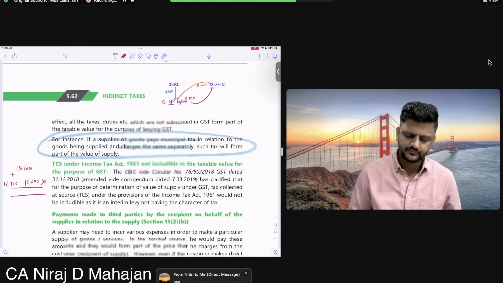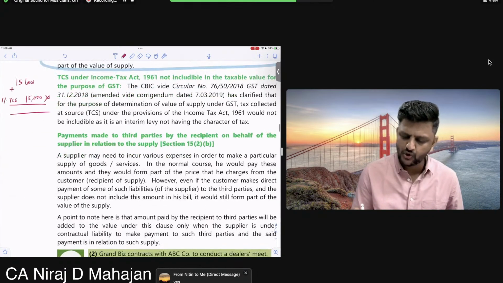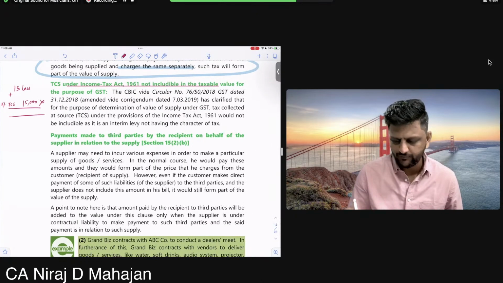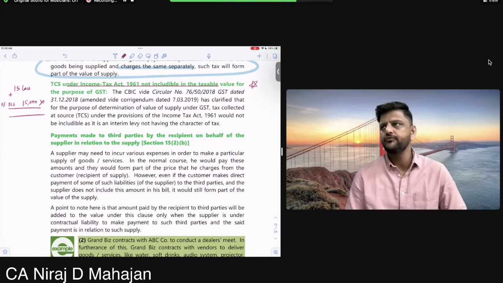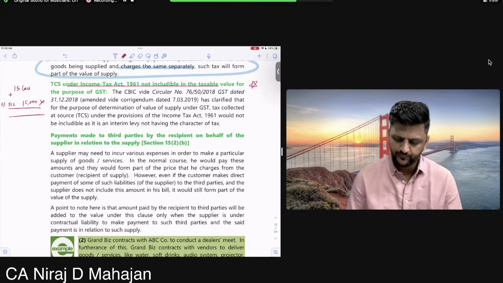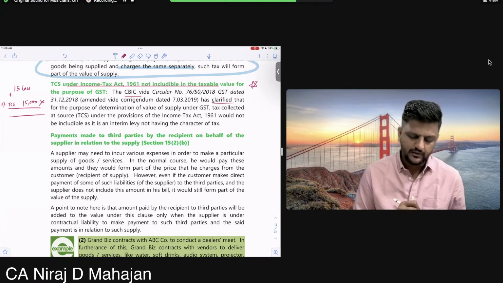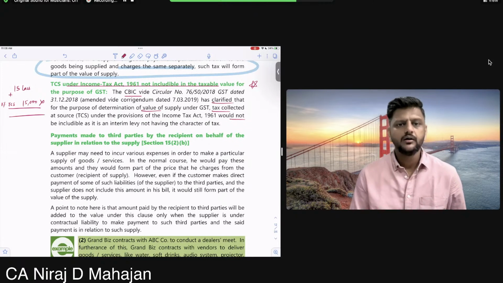Check. So TCS under income tax is not includable in the value of supply. These notifications are important from exam point of view. From syllabus point of view, they are important. CBIC clarified that for the purpose of determining value, TCS would not be includable in the value of supply.